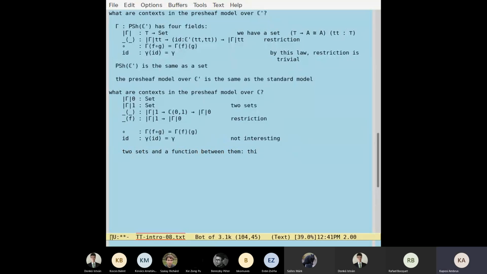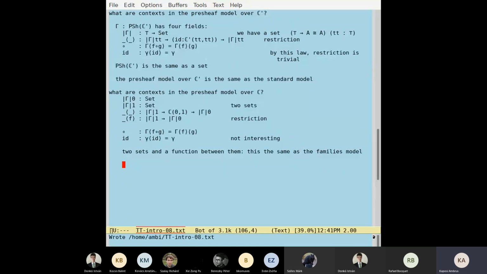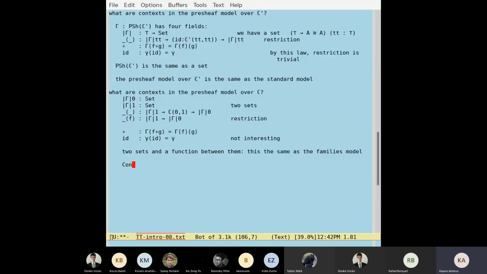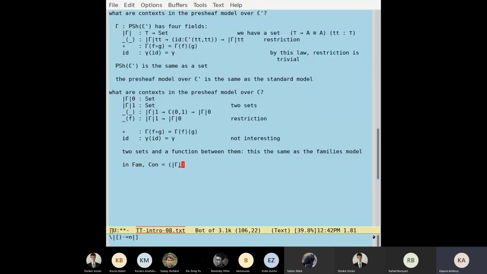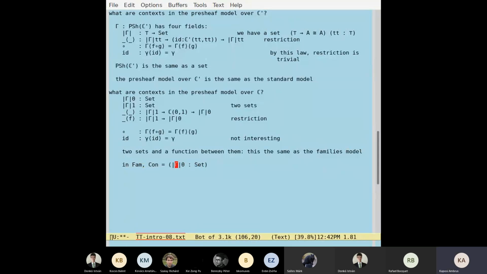And with this, I think Raphael said it last time that this is the same or equivalent. This is the same as the families model. Right? Let's just look at this again in more detail. So in the families model, con was a gamma 0 set.